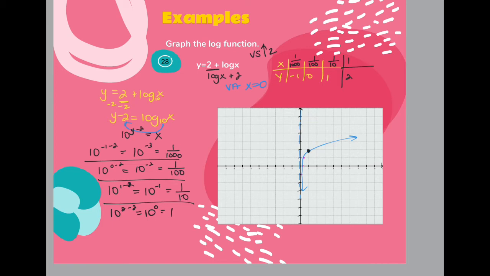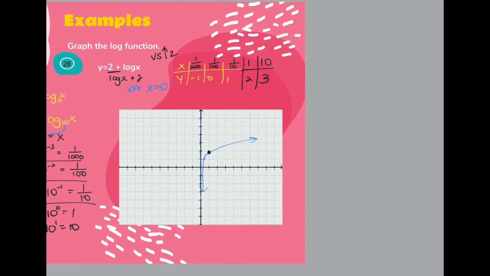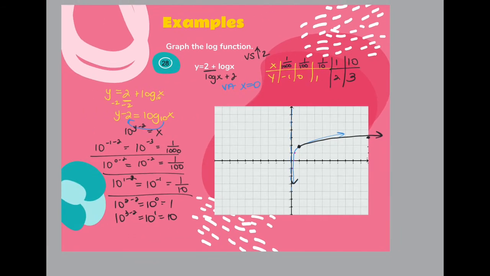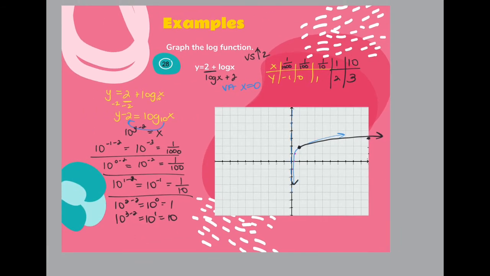Keep going to the right, it would be 3, 10 to the 3 minus 2, 10 to the first, which is 10, and there's where it really starts to curve. 10, 3, 1, 2, 3 would be that coordinate point. So knowing that the vertical asymptote is there is enough to start your graph, but if you need additional points to see what's happening, you can always plug in some more.